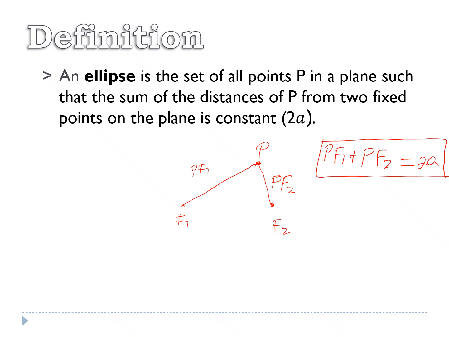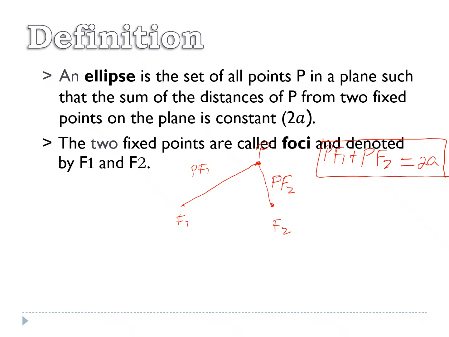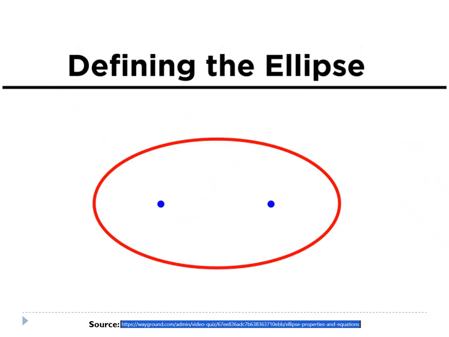Okay, so F1 and F2 are called foci. As mentioned, an ellipse can be defined as the set of points on a plane around these two fixed points, the foci.